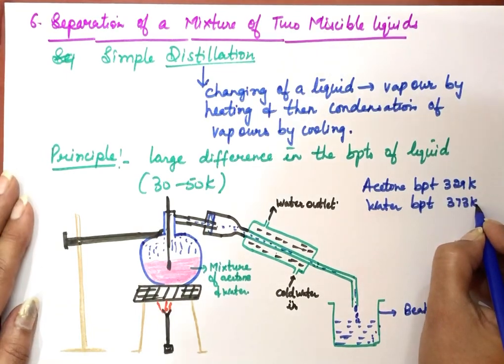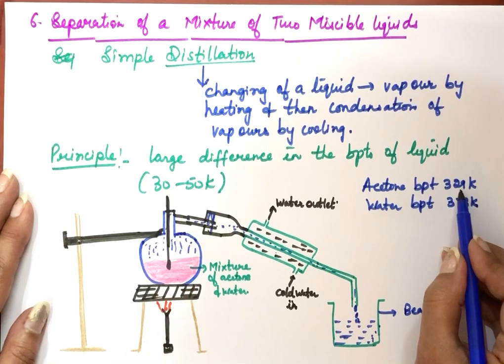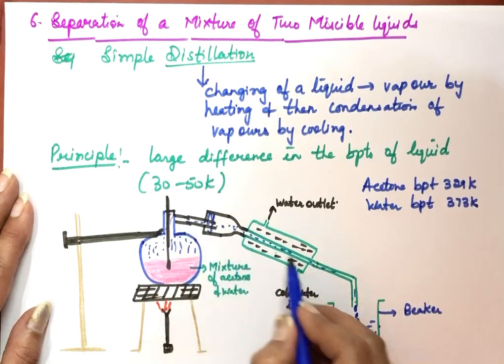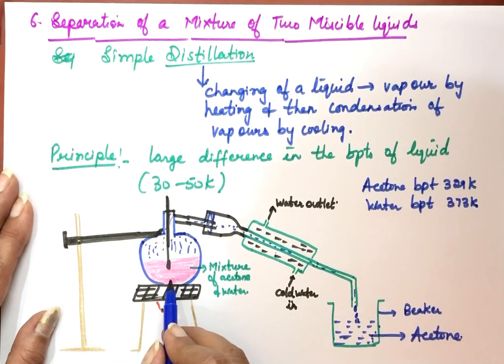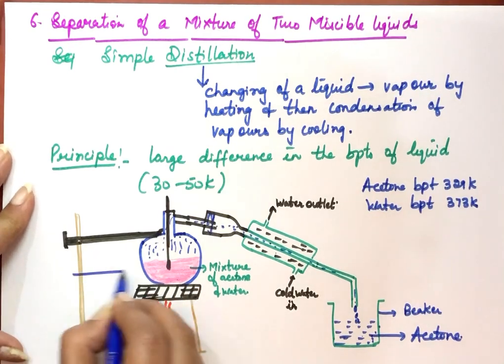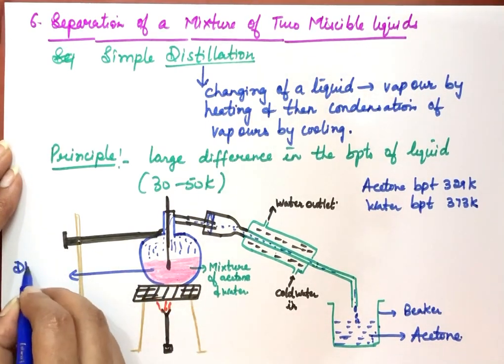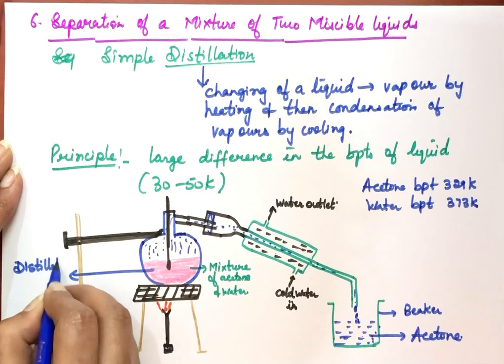So which component will change to vapor form first? Acetone. So here acetone vapors will come, and the liquid which we get in this beaker is acetone. And which component will be left behind in the flask? That is the water. This flask that we are taking here is known as a distillation flask.